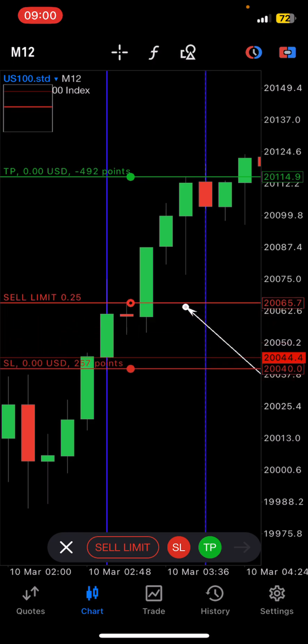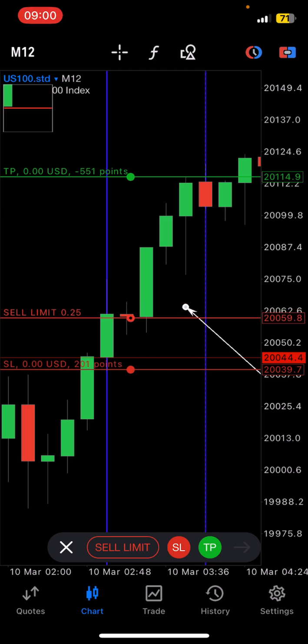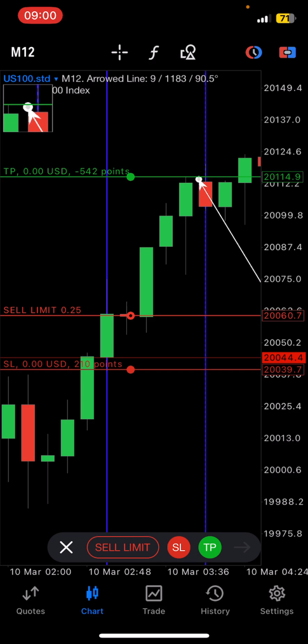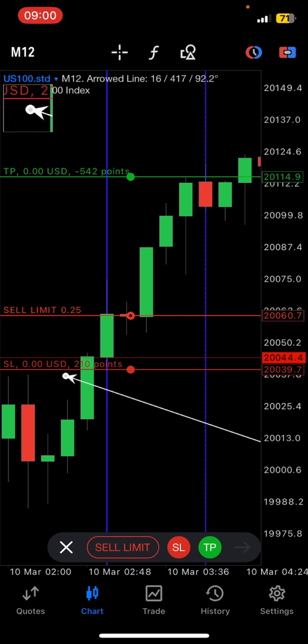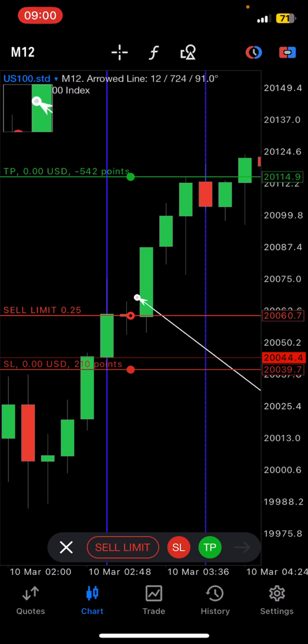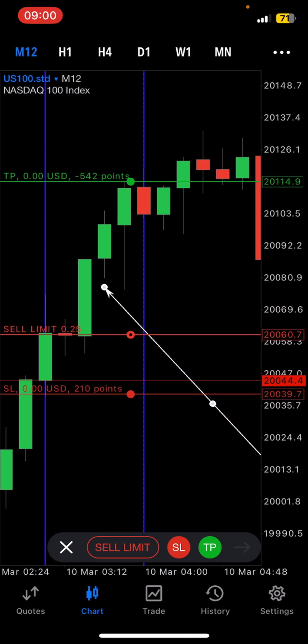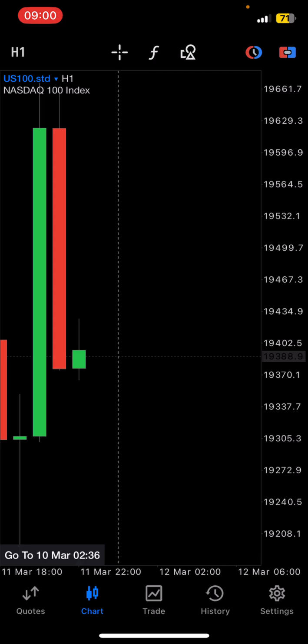So my stop loss will be right there, and then boom, 500 points, risking 210 points. Not bad, right? Not bad. Boom. And now let's go to the next candlestick.